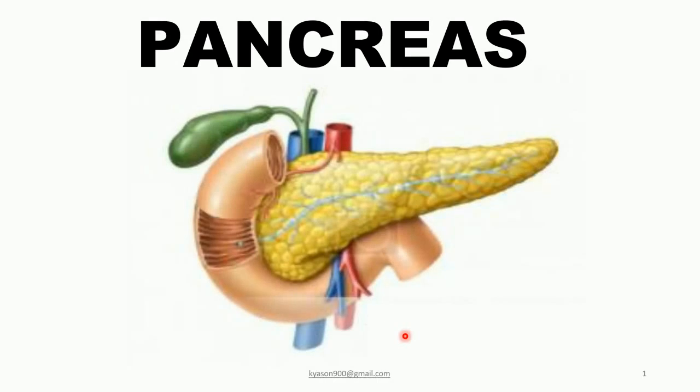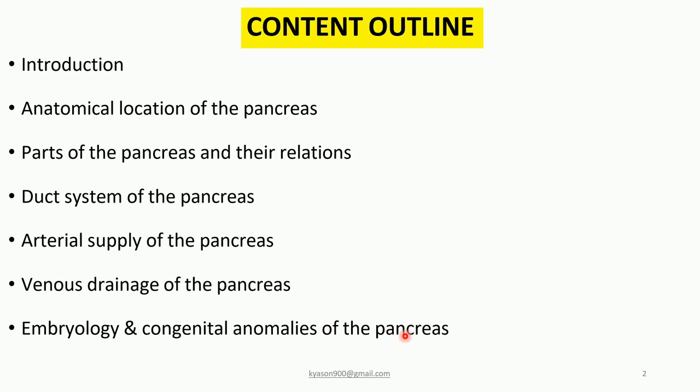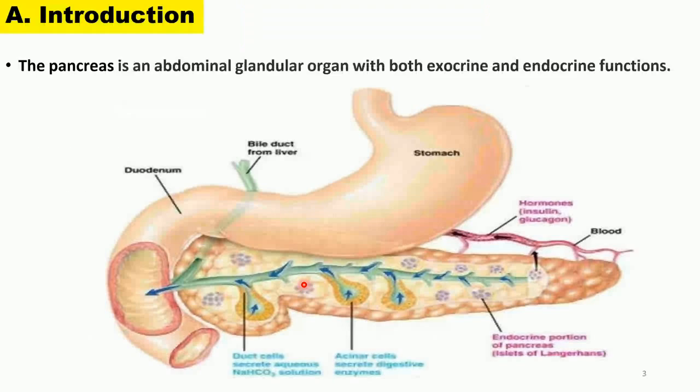Okay, so of course for the pancreas we are going to start right away with the introduction. Of course, we all know the pancreas. It's a gland. It's a mixed gland because it has an exocrine component and an endocrine component.